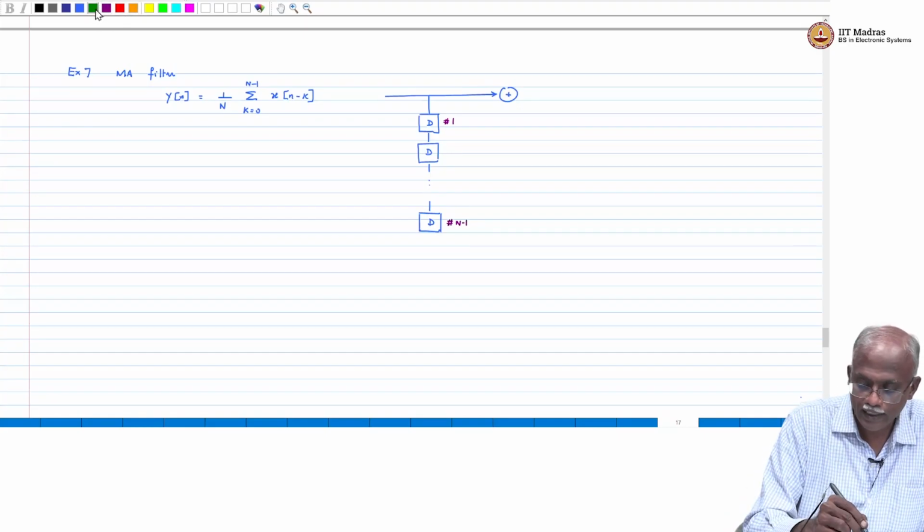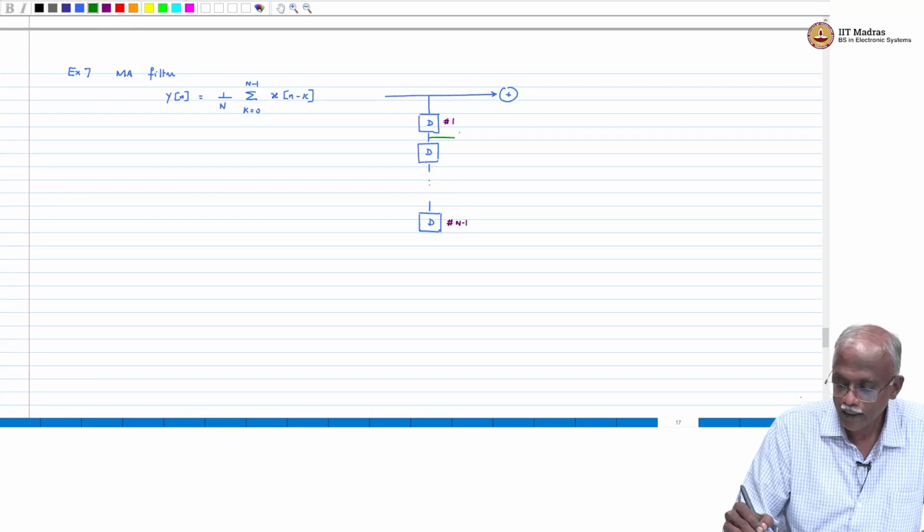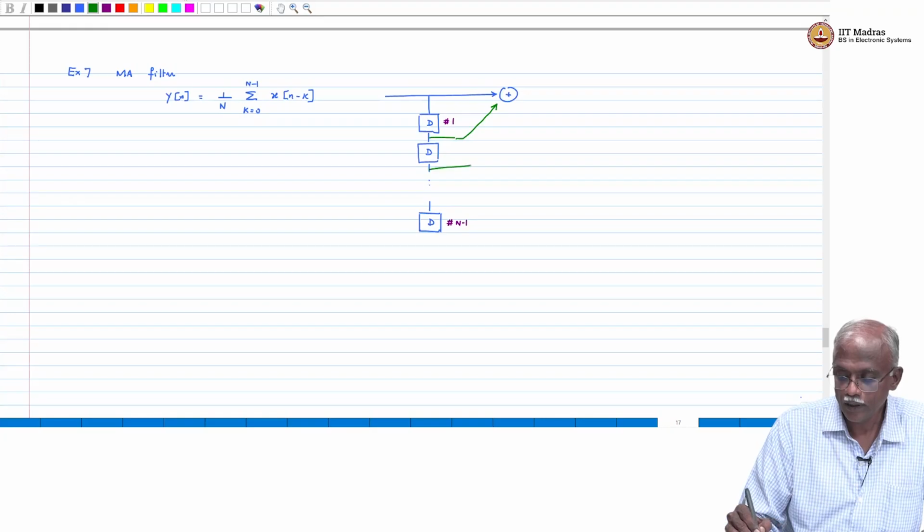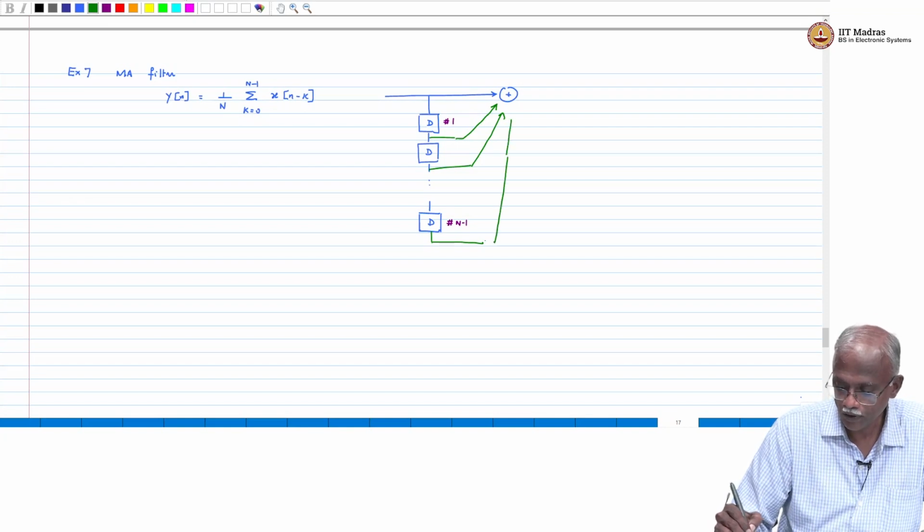Each of these delayed signals gets added onto the summation element. Okay, and the last one comes to the summation also.